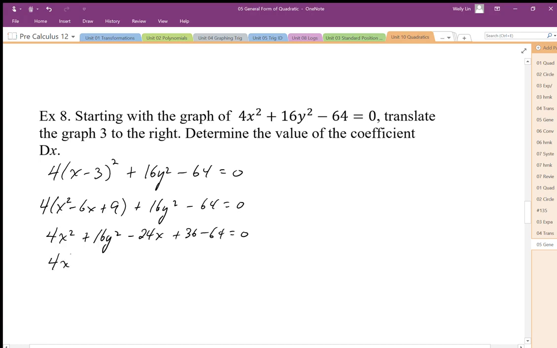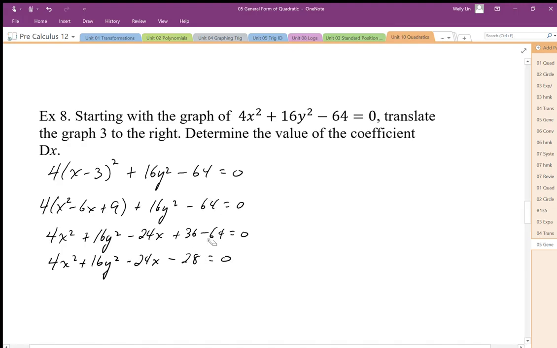So 4x squared plus 16y squared minus 24x minus 28 equals 0. One thing I want to note is that this f value does affect things, but it's mixed in with horizontal shifts, vertical shifts, and expansion compressions. So there's an effect that it can be affected by all of those.